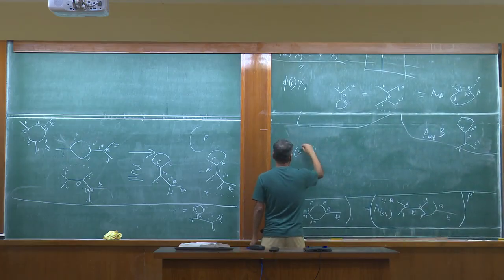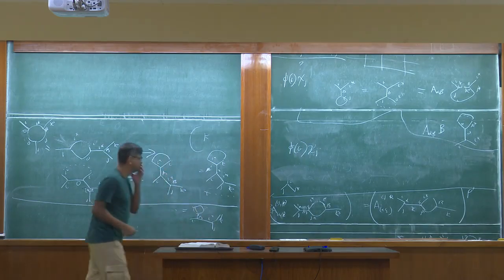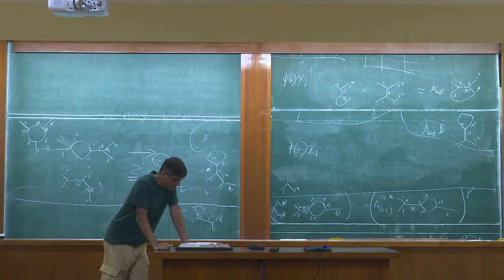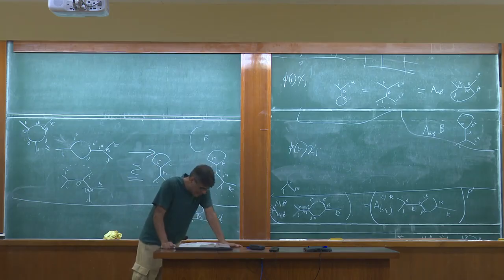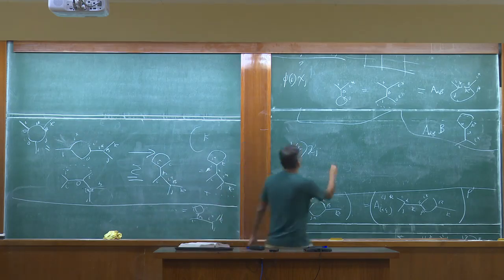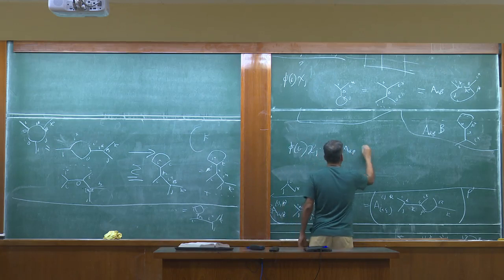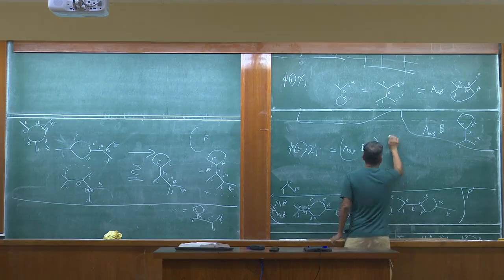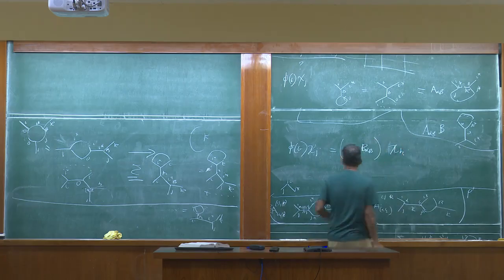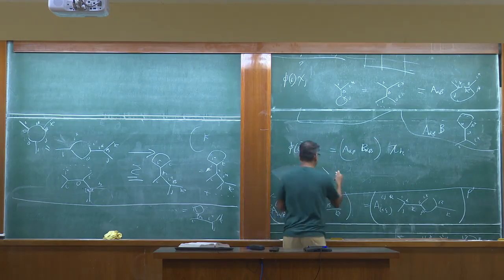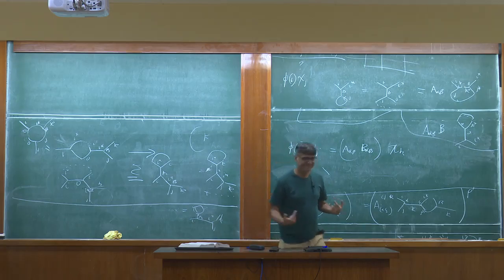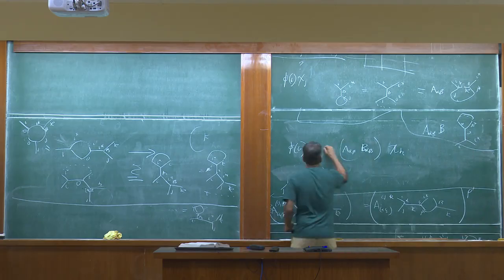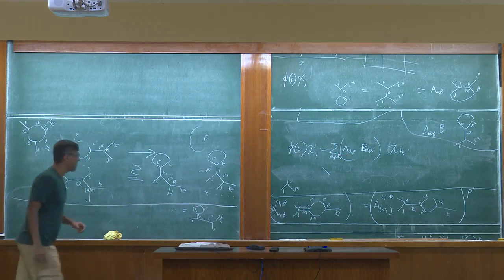Phi B on chi J, okay, phi B on chi J is equal to A alpha beta, B alpha beta, phi chi K, where this alpha and beta is associated with I, J, and K. Okay, and this is summed over alpha, beta, and K.